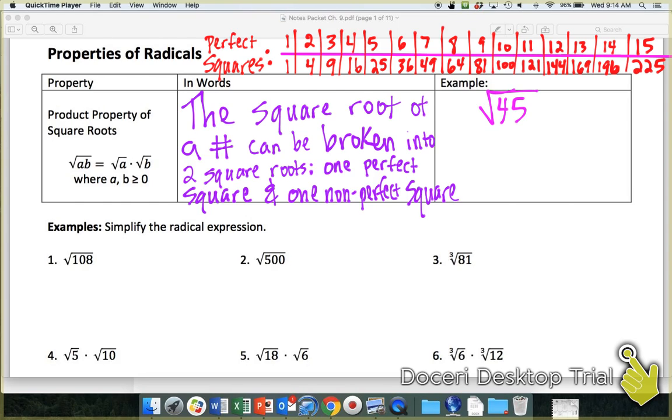There's no whole number exactly times itself that gives you 45. So what we have to do is break it into 2 things. I just write PS, perfect square, and then NPS. What do you think that stands for? You guys are good. Perfect square, non-perfect square.